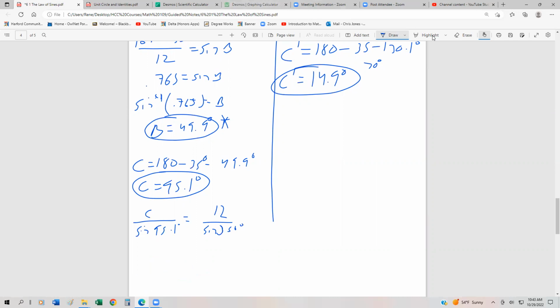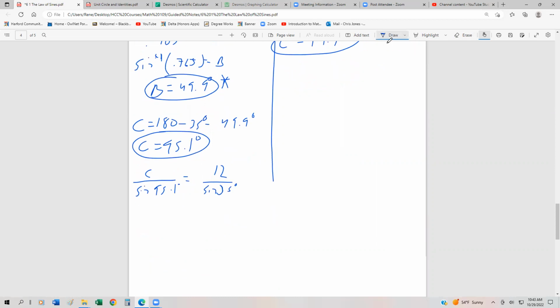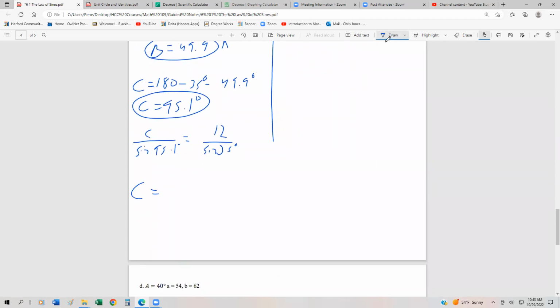Not 350 degrees, that would be kind of tough. Now I'm just going to multiply both sides by the sine of 95.1. So 12 sine 95.1 degrees divided by sine of 35 degrees. And this would be our last side.